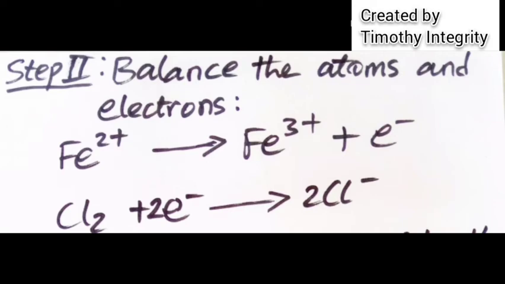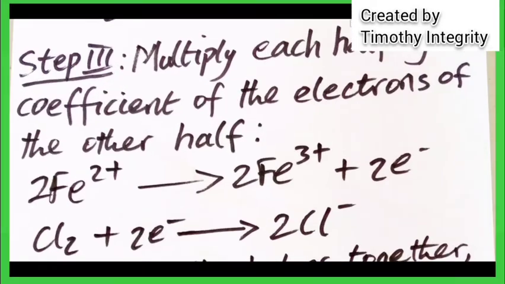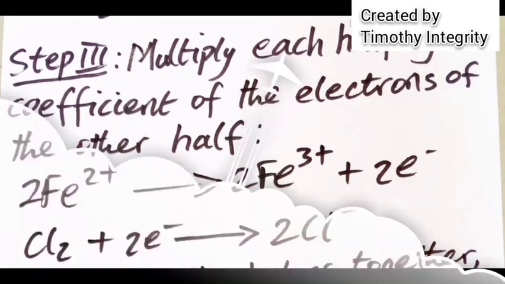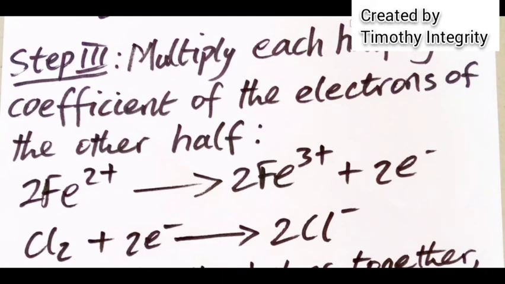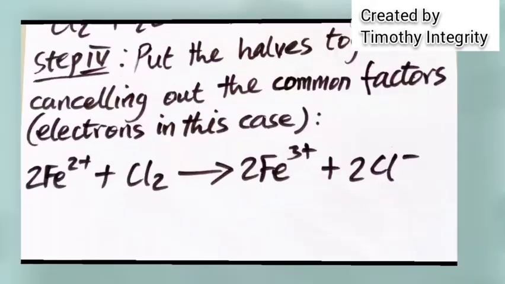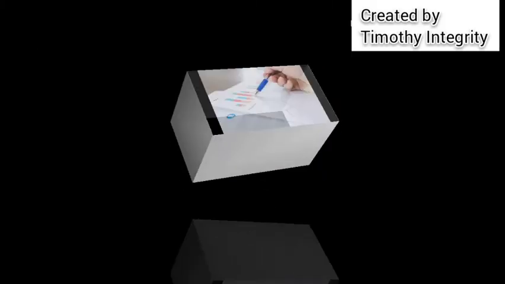To balance out the atoms, iron is already balanced. You add 2 in front of chloride ions. You now multiply each side by the coefficient of the electron of the other side, okay? You use 2 to multiply that of iron 2 and iron 3 ions, as well as their each electron. You have the electrons and the atoms balanced. Now you put the 2 halves together. When you put the 2 halves together, you cancel out the common terms. This is the balanced redox equation, or I call it ionic equation.